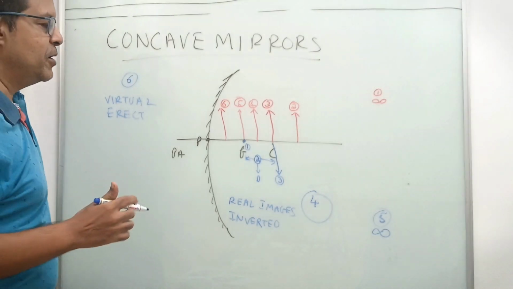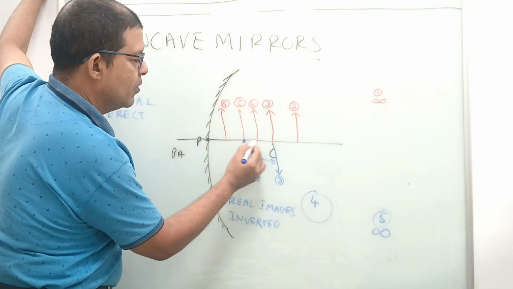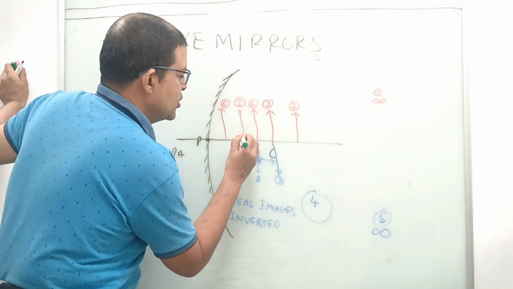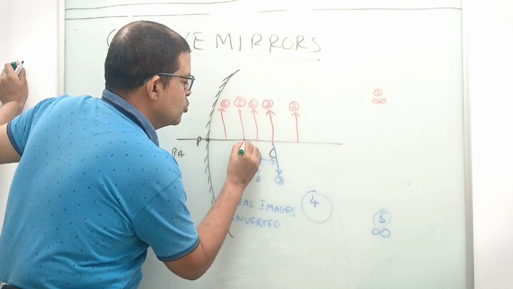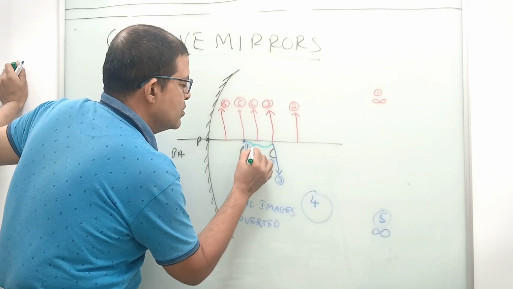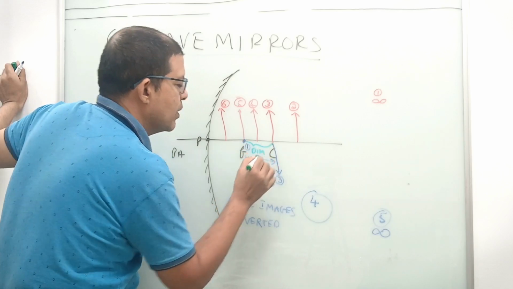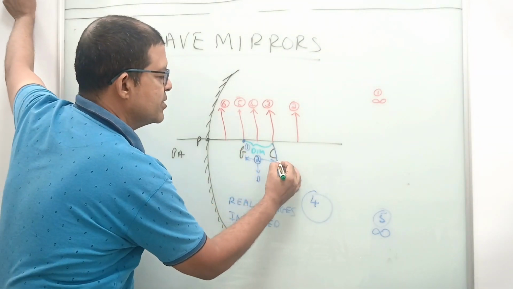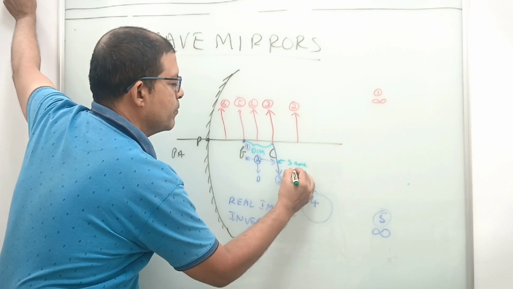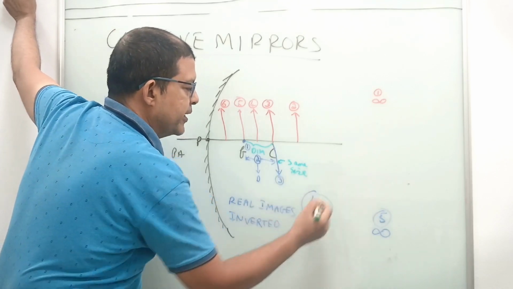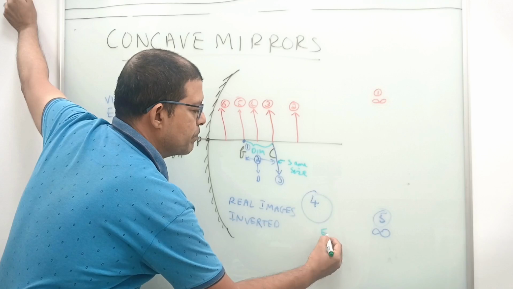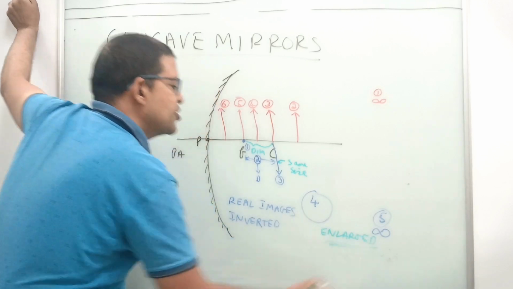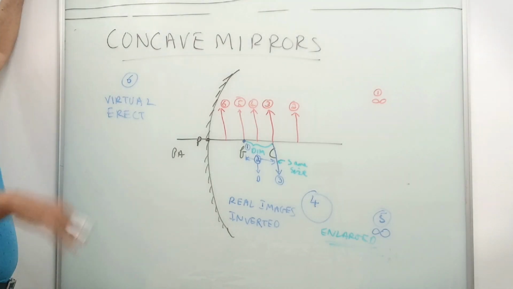The images from focus to just before the center, they are all diminished. And at the center they are the same size. And then after that it becomes enlarged. This is about the image formation for concave mirror.